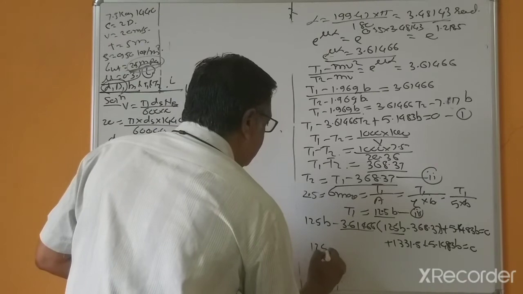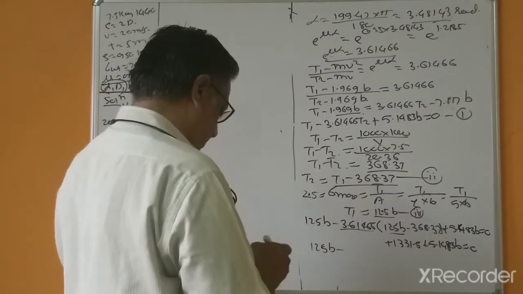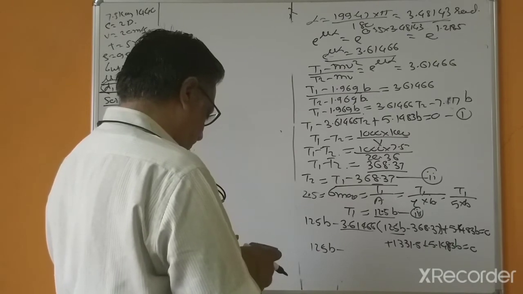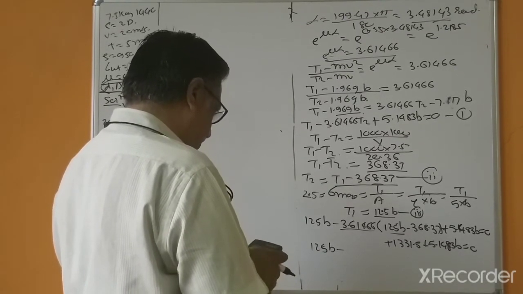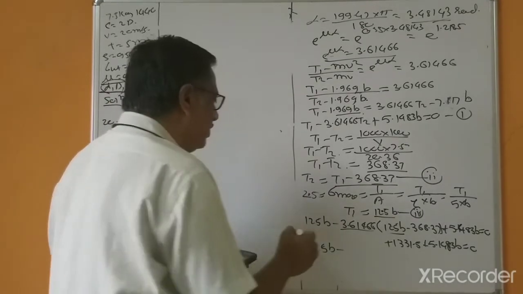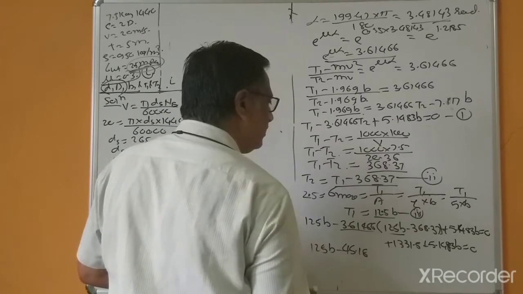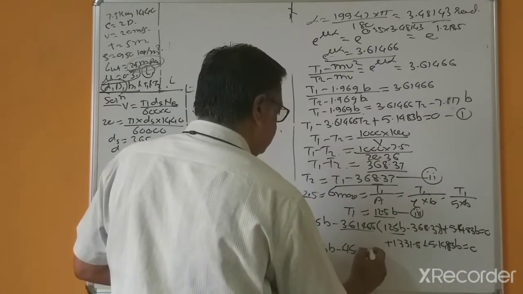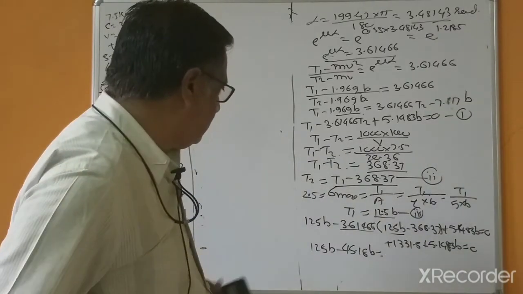This is 125B minus 3.61466 into 12.5, 45.18.